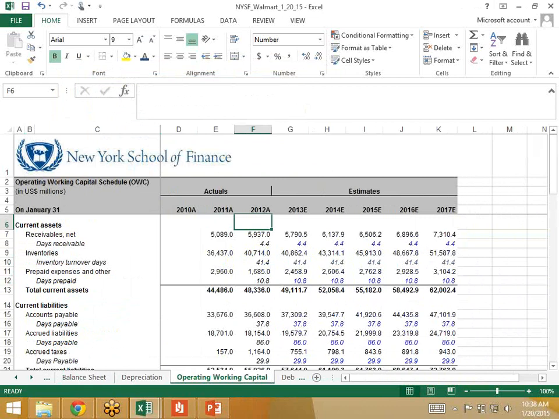The other thing is, the whole point of this, whether the line items match or not, is we want to transfer these working capital changes into the cash flow statement. As we described before, if an asset increases, that represents a cash outflow. If an asset decreases, that represents a cash inflow.